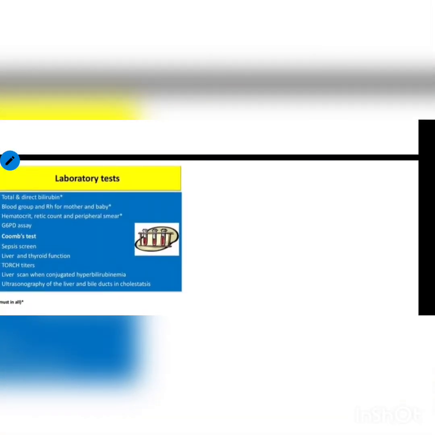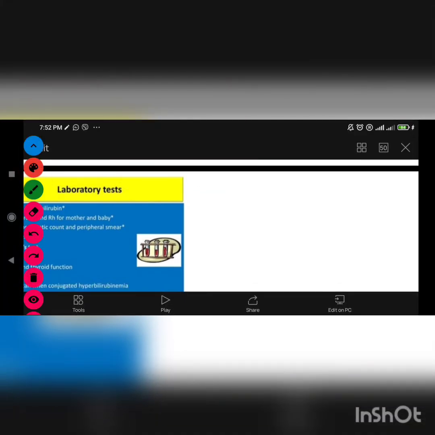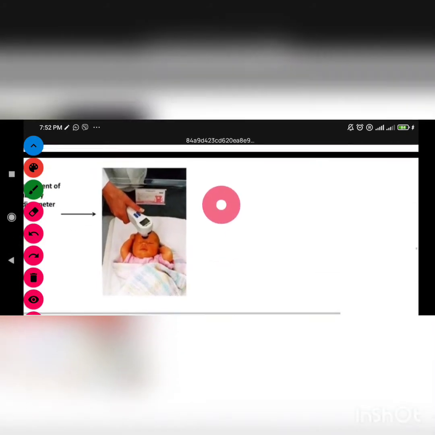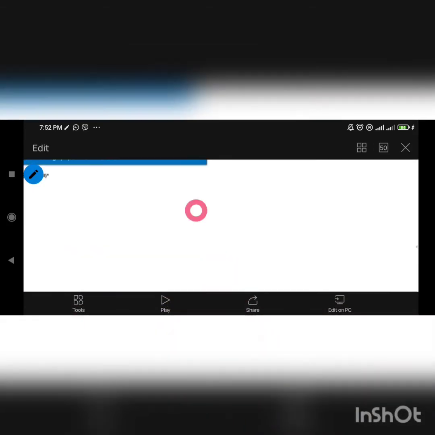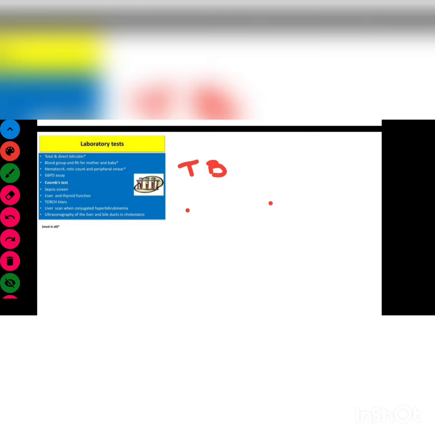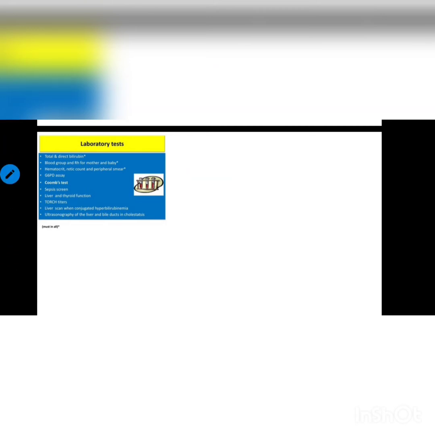In laboratory tests, you can see a high amount of total bilirubin, and total and direct bilirubin.